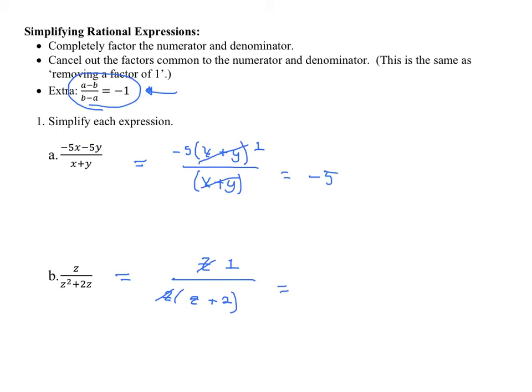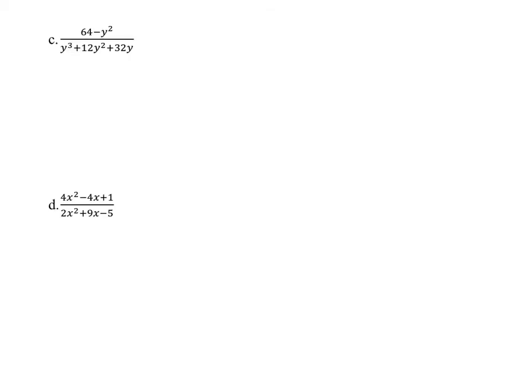So the simplified solution to this is 1 over z plus 2. And just to give you a heads up, you guys, this is an expression. Okay, I'm not solving for z. I'm just getting a nice, simplified form so I can move on and do whatever I need to do with it. Okay, let's take a look at this next one.